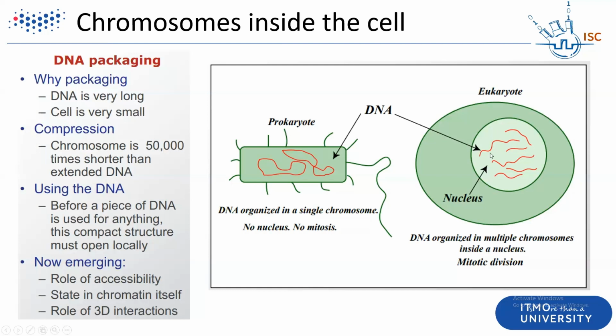It should be opened first, and only after that can genes be activated. So it specifies the role of accessibility, the state of the chromatin itself, and the role of different interactions with different transcription factors and different proteins which control this process.